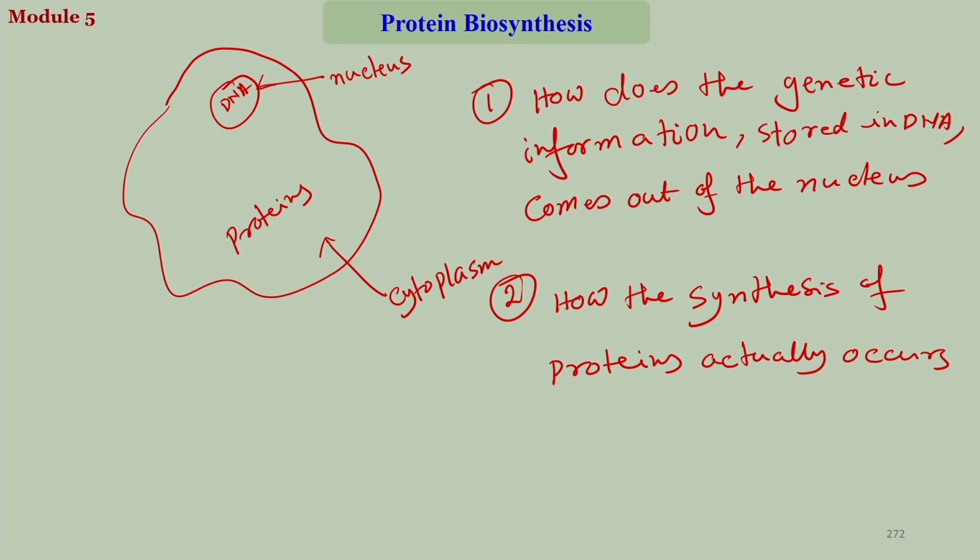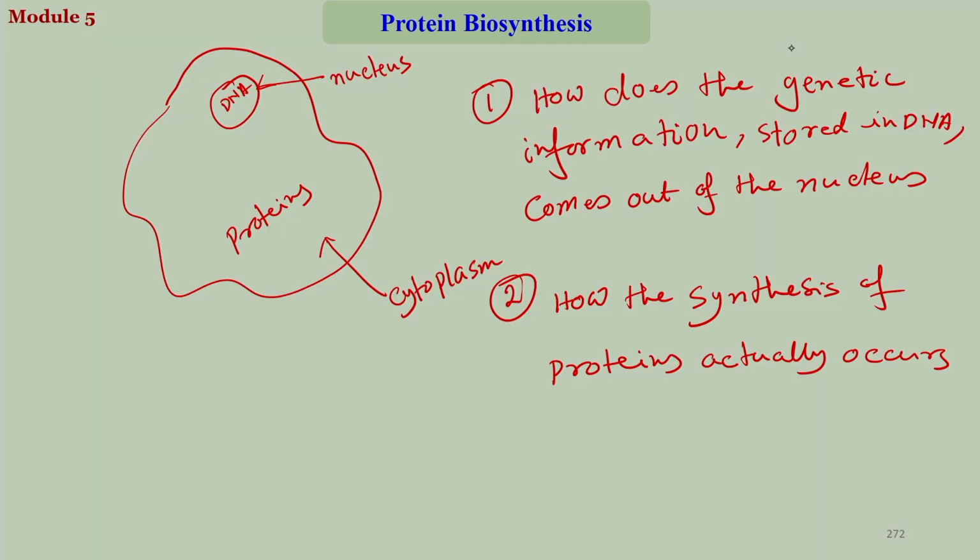And each of these processes actually involves a chain of events that we will see one by one. So, the first process, the way through which the information present in DNA comes out of the nucleus, is known as transcription.